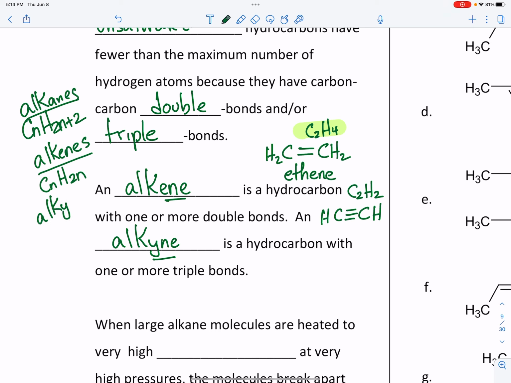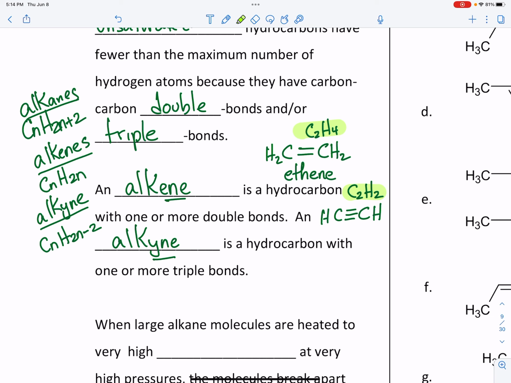So for an alkyne, the formula, instead of 2n plus 2, will be CnH2n minus 2. We lose 4 hydrogens, so 2n plus 2 becomes 2n minus 2. And you can see that in this example. 2 carbons, if we times that by 2, we'd get 4.